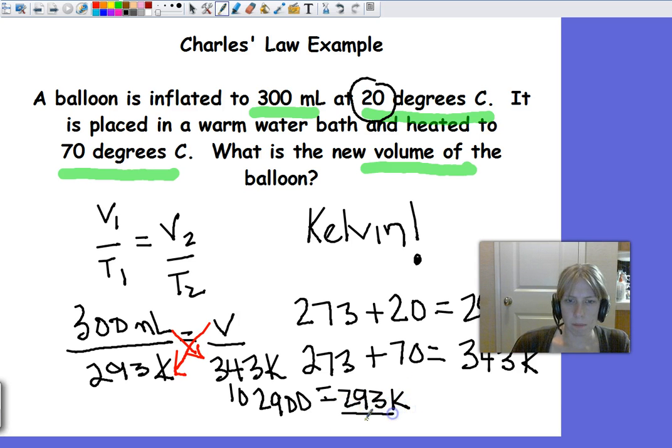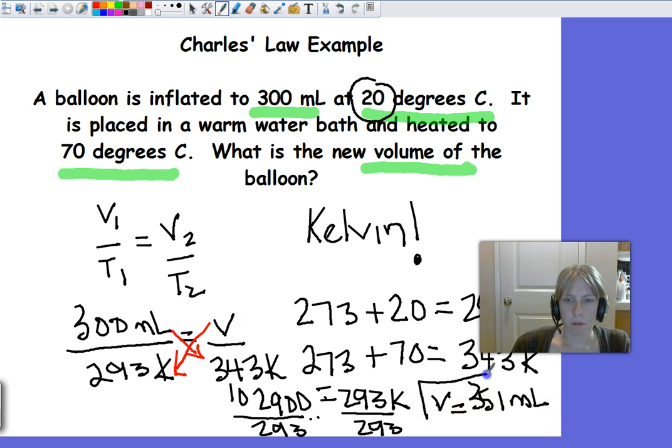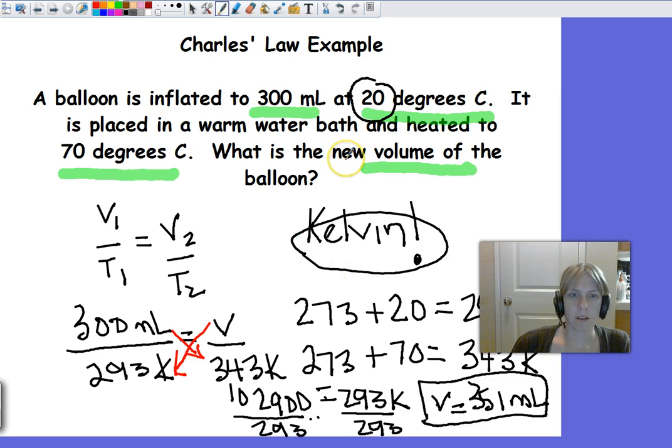And then when I divide by 293, it's going to give me our volume of 351 milliliters. So that is how we solve our Charles' law. We just have to make sure that it's always in Kelvin. Always, always, always in Kelvin.